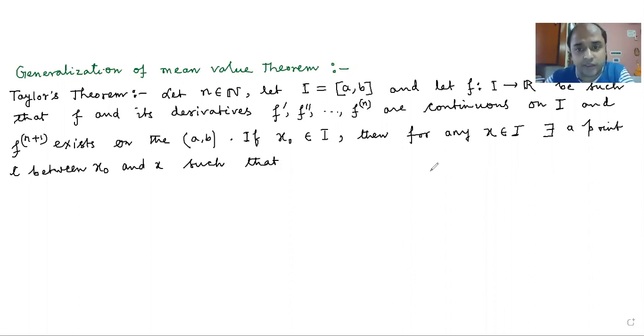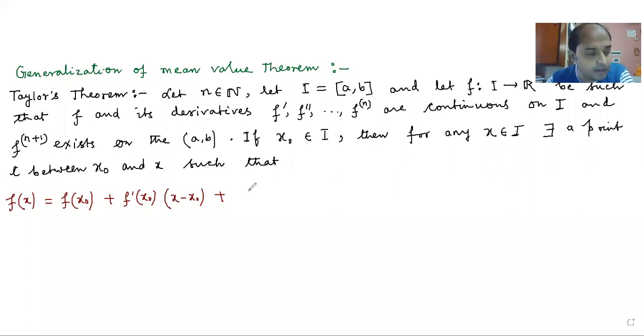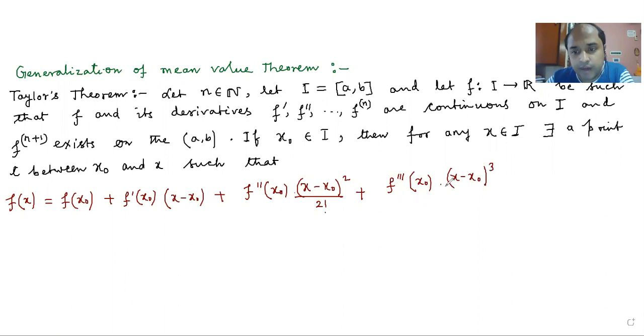Now you have to memorize the expression which I am going to write right now. The expression goes like this: f of x is equal to f of x naught plus f dash x naught into x minus x naught plus f double dash x naught into x minus x naught whole square by 2 factorial, plus f triple dash x naught into x minus x naught whole cube by 3 factorial.